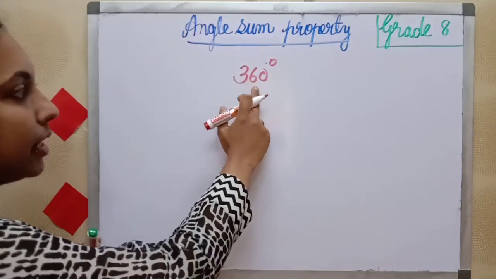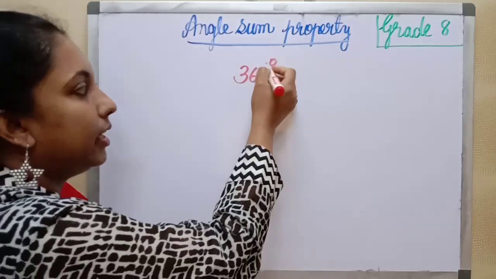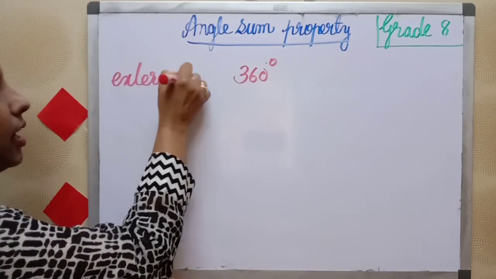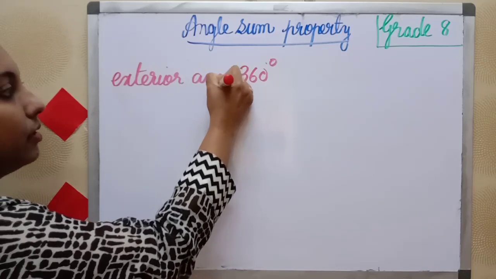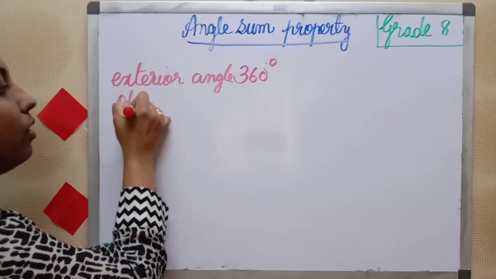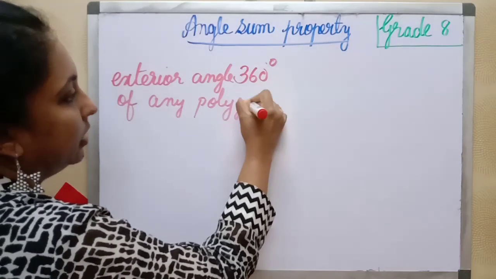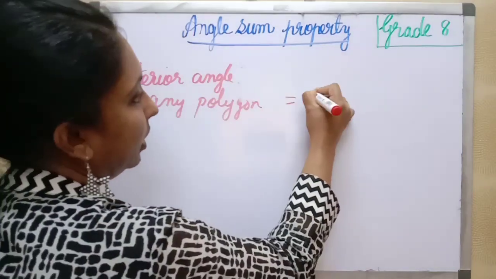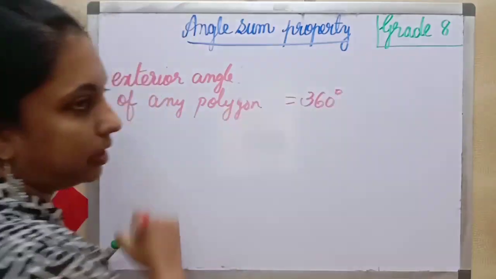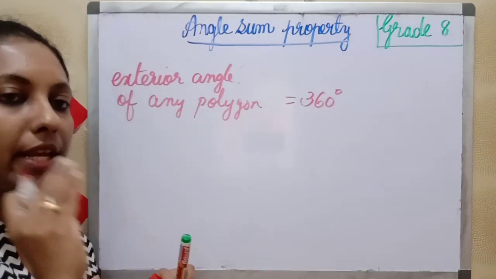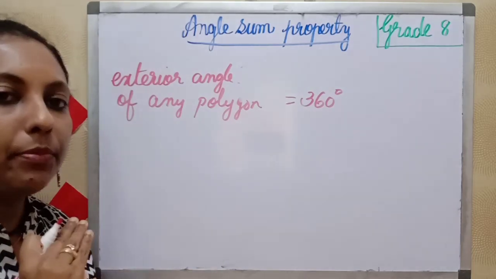The sum of the exterior angles of any polygon is 360 degrees.